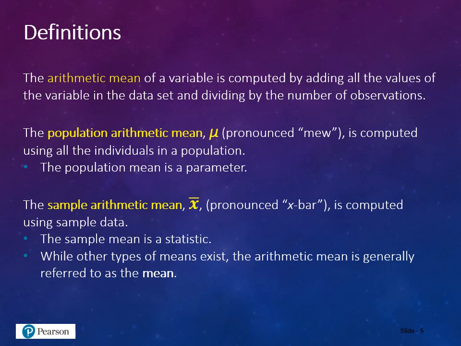The sample mean is the statistic. So here the denominator will be how many cases or individual samples did we have. While other types of means exist, the arithmetic mean is generally referred to as just the mean. You don't usually have to say arithmetic mean.